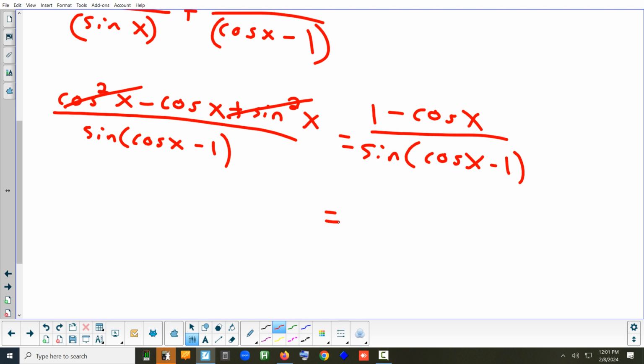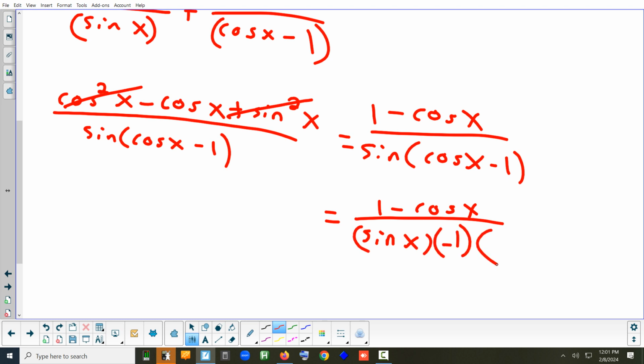Let's leave the top the same, but let's factor a negative 1 out of this cosine x minus 1, giving negative sine times negative cosine plus 1. So if you factor a negative 1 out, what does cosine x become? Negative cosine x. And what if you factor a negative 1 out of the plus 1?